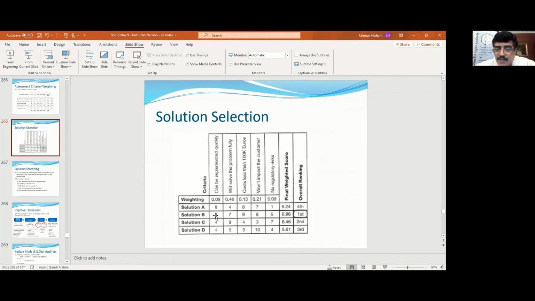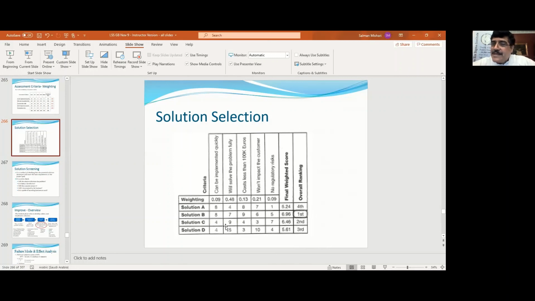And the same thing you do for the others. This is clear, Doctor, but what do you mean by solution A, solution B? Is it the same as the criteria? Okay. You have criteria, not just one, multi-criteria. I want it fixed fast, I want it fixed right, and so on. These are criteria. Now you have solutions.